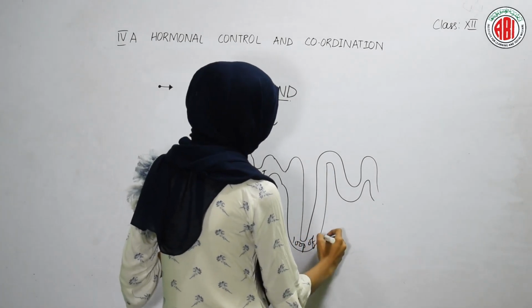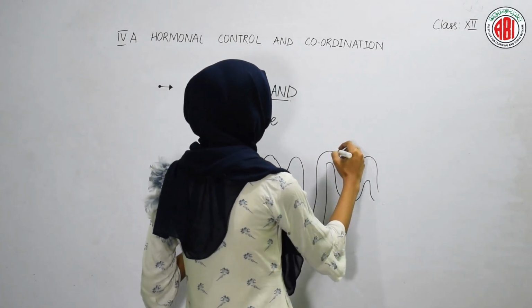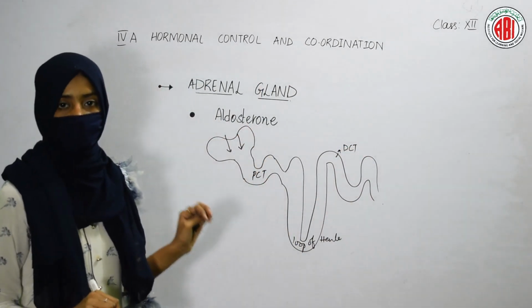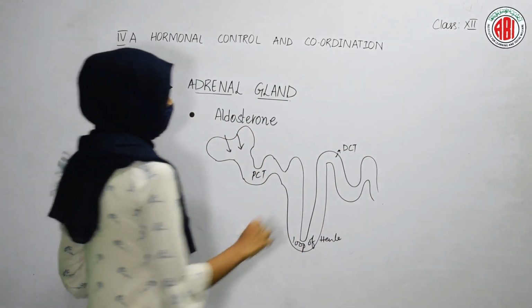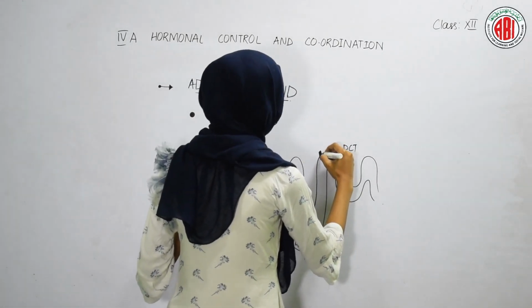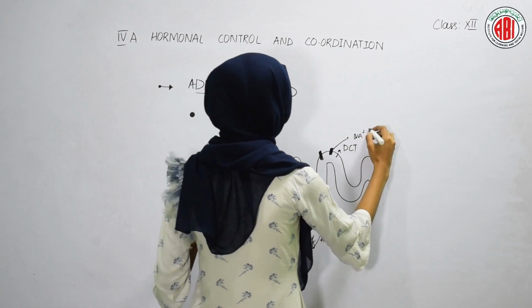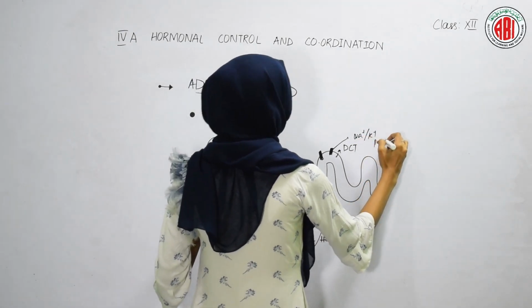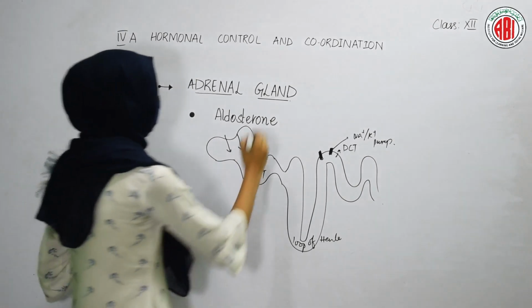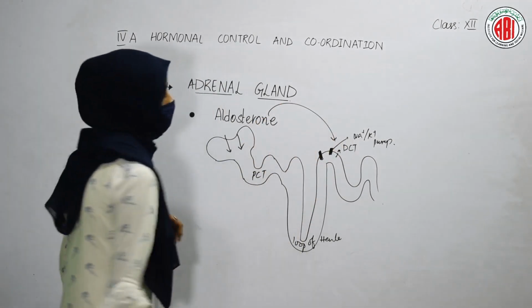Then from the loop of Henle it reaches the other region called the DCT. So in the distal convoluted tubule, some channels are present like this. We name these channels the sodium potassium pump. These channels can get activated by the action of aldosterone.